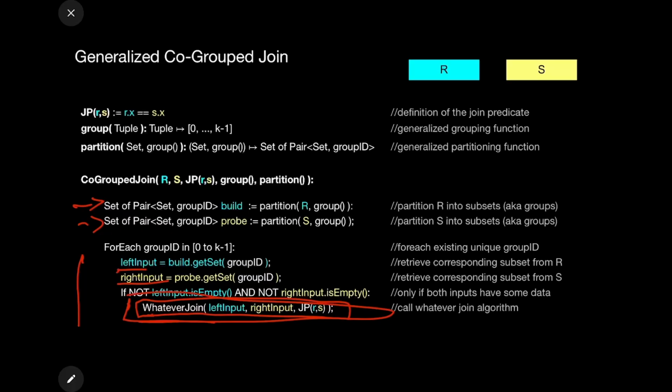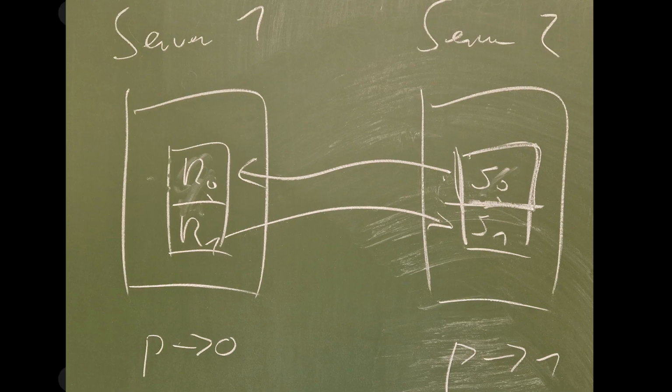And it also works in the distributed case. Assume you have two machines, server 1, server 2, and here's R, and here's S, and then you're going to compute the join on that.